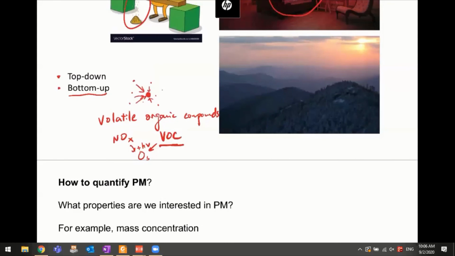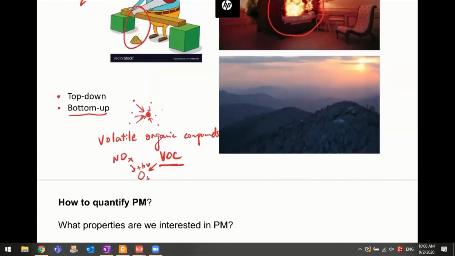So basically what happens is that a lot of these trees generate VOC gas molecules. And then under the solar radiation, it's going to form ozone. And then through the reaction of the VOCs, ozones, and sometimes other gas species floating from some other regions, these gas molecules can basically assemble or collide with each other and form these tiny droplets or tiny particles.